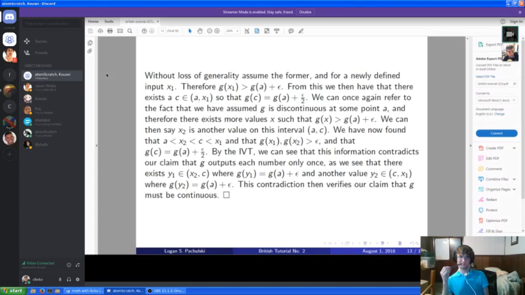By the intermediate value theorem, we can see that this information contradicts our claim that G outputs each number only once, as we see that there exists y sub 1 in x2 C and another value y sub 2 in C x1, where G of y1 and G of y2 equal G of A plus epsilon. These are two unique inputs that give the same output. Yes, that is correctly worded. This contradiction then verifies our claim that G must be continuous.